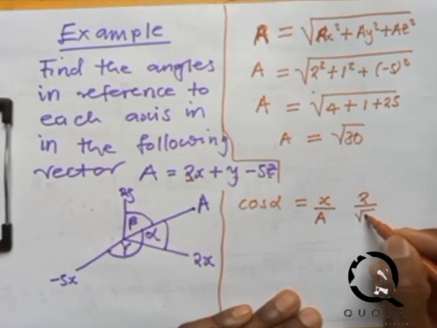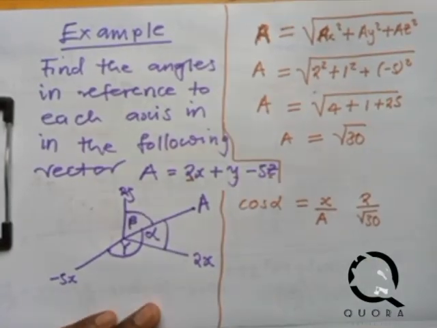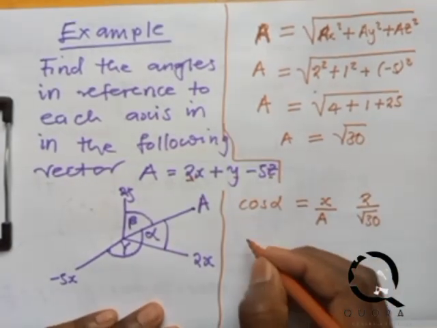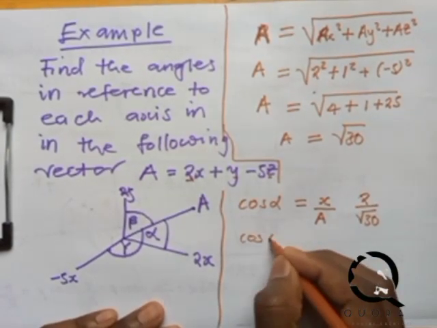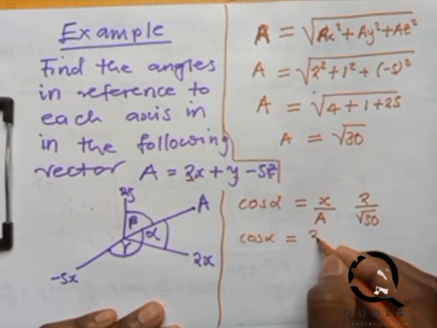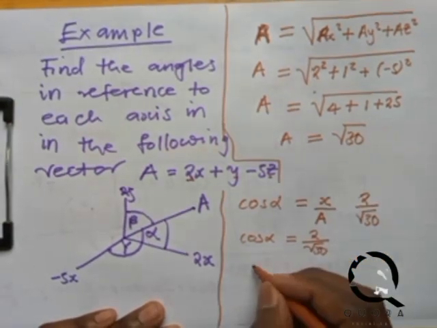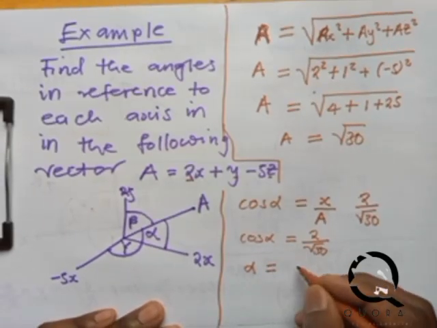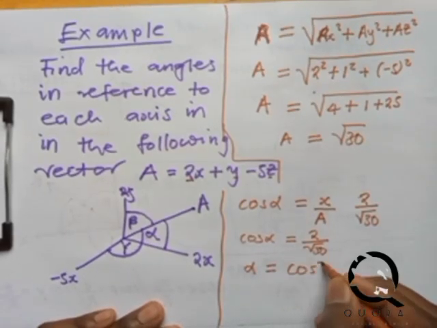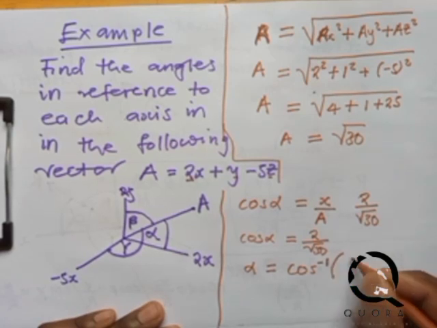We have the square root of 30. So definitely cos alpha has to be equal to 2 over root of 30, meaning that alpha is going to be equal to cos inverse of 2 over root of 30.